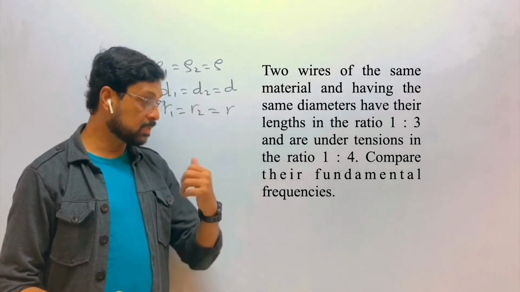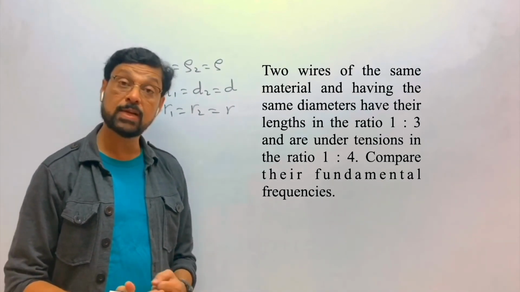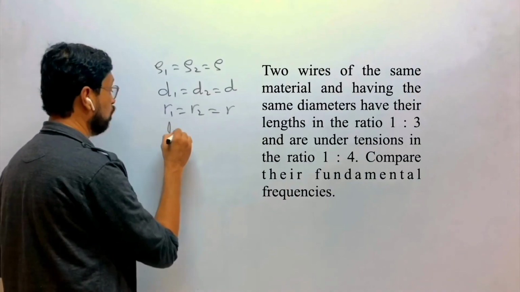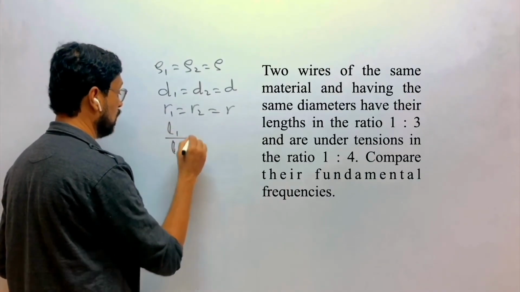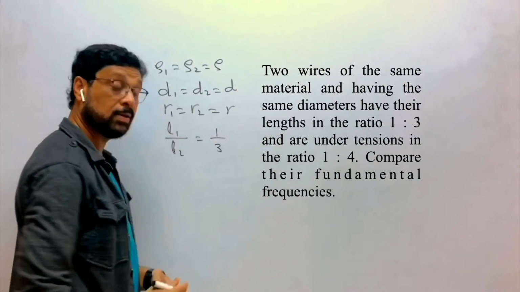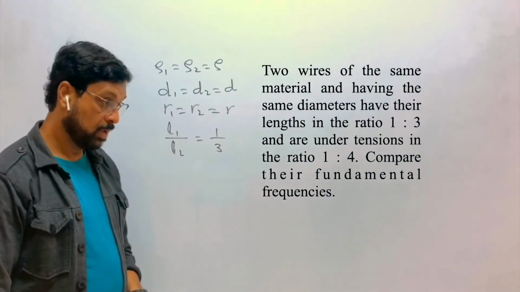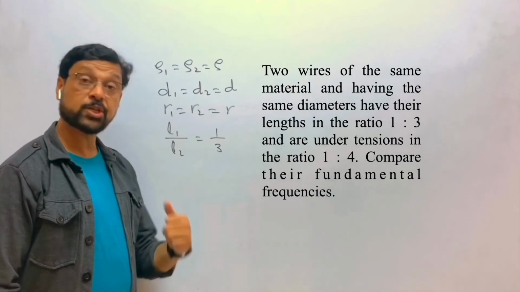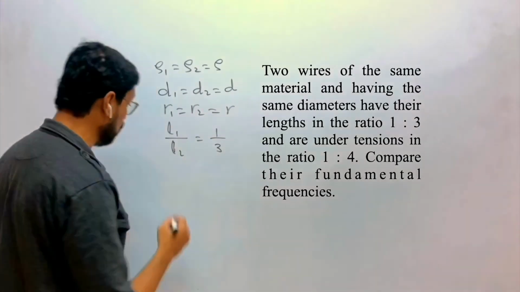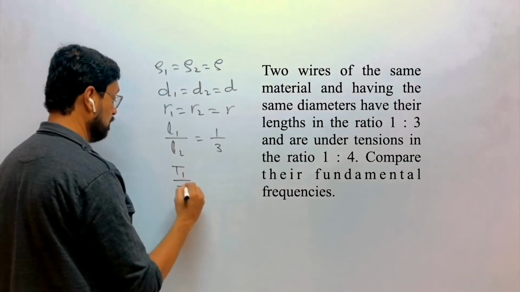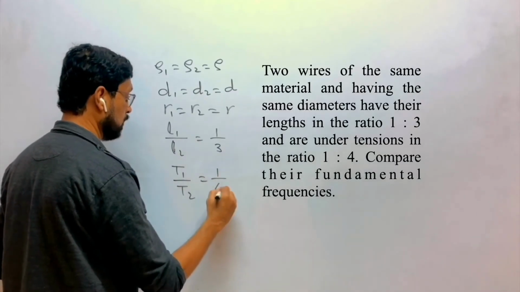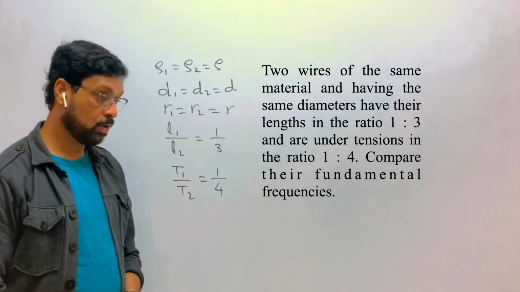They have their length in the ratio 1:3, L1 upon L2 is equal to 1 upon 3. And under tensions in the ratio 1:4, T1 upon T2 is equal to 1 upon 4.